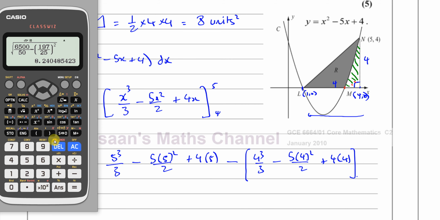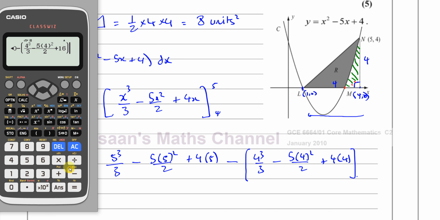We can just stick this all in the calculator and get the answer here. We're going to have 5 cubed over 3 minus 5 times 5 squared over 2 plus 20, minus, in brackets, 4 cubed over 3 minus 5 times 4 squared over 2 plus 16, 4 times 4.